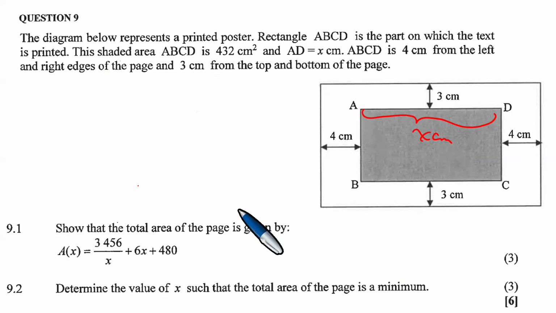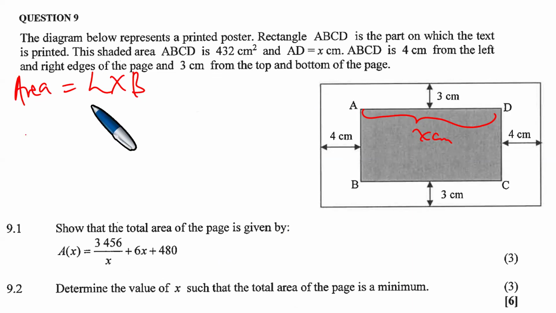There's the printed area in gray and the blank part. Area is length by breadth. We need to take into account the area of the interior, which is the area of the part that is grayed out.